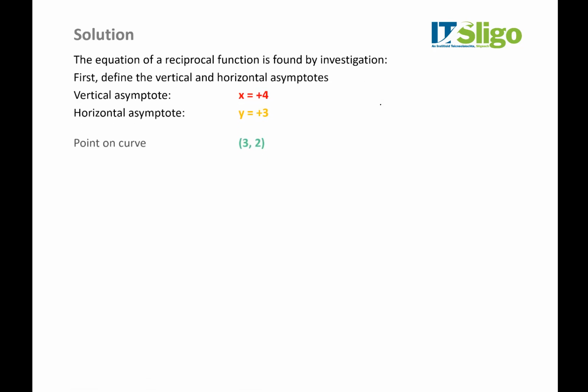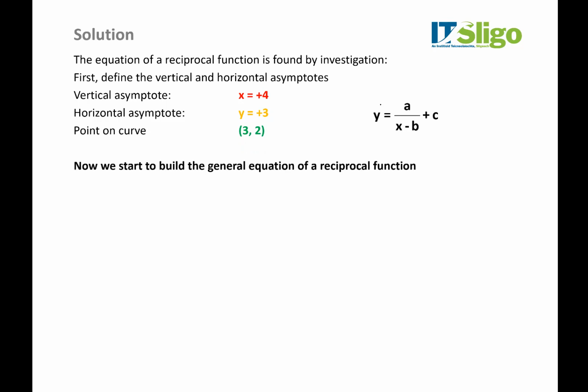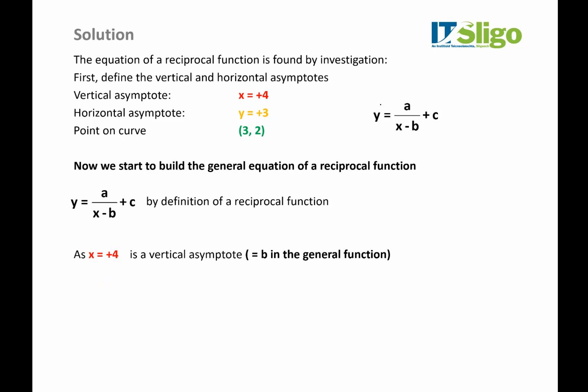So this is just going over what I said. We're going to use the general equation, and we start to build the general equation of our reciprocal function. So the vertical asymptote, as I said, is equal to b. So now our function will look like this. We've now established b.